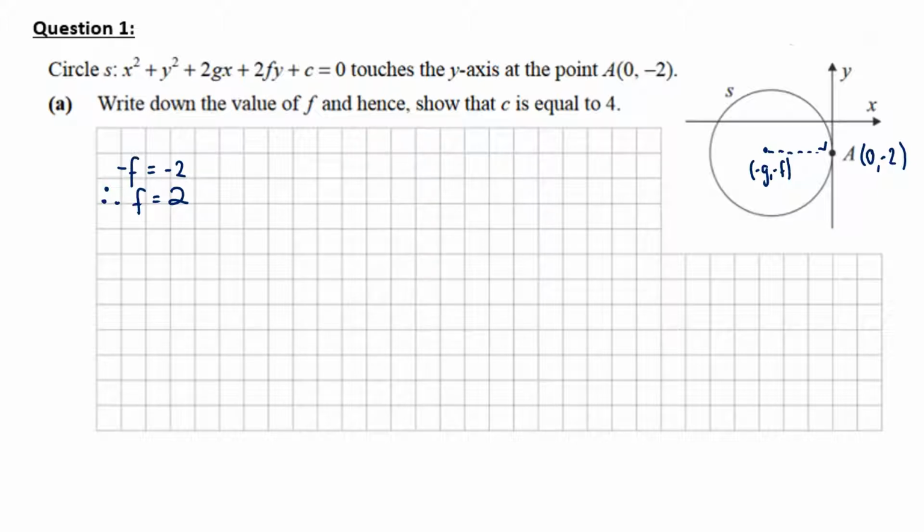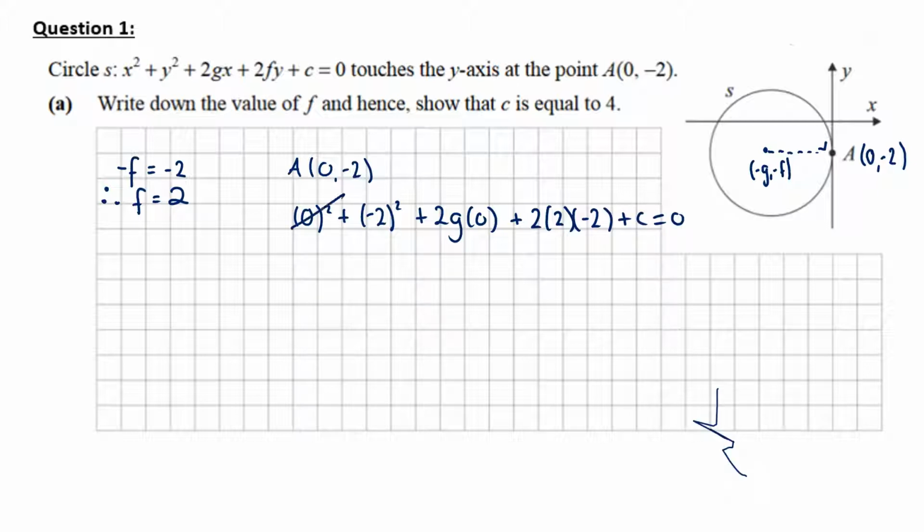So then it says, hence show that c equals 4. We're going to work with the point A, which is 0, minus 2, and we're going to sub into our equation of the circle. We know that point is on the circle, so when I sub in, the equation should be balanced. 0 squared plus minus 2 squared plus 2g times 0 plus 2f, which is now 2 times minus 2, plus c equals 0.